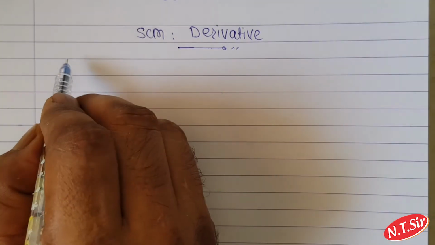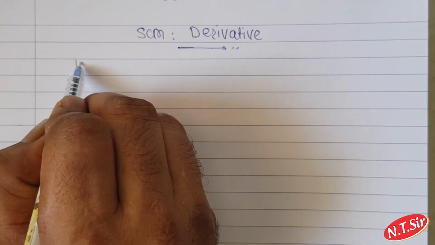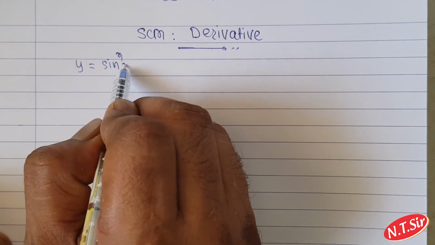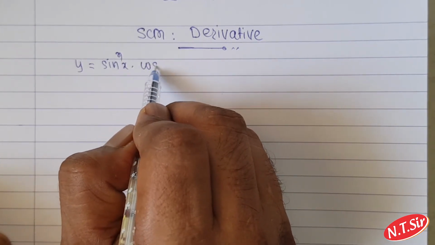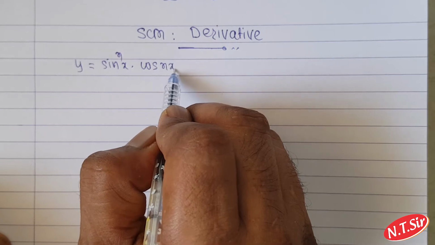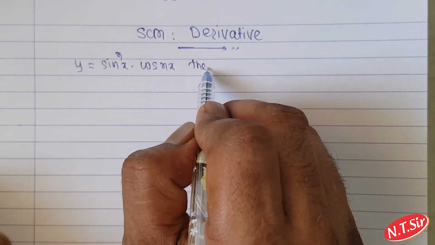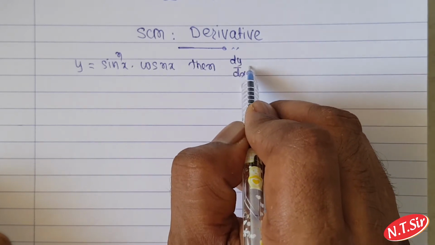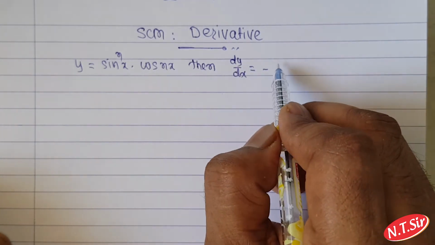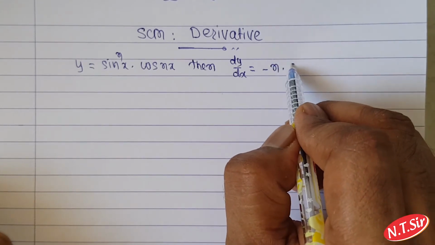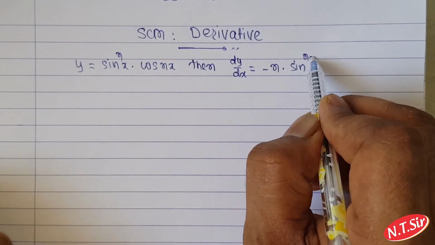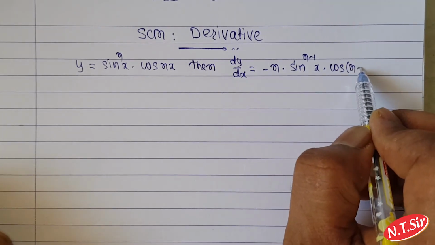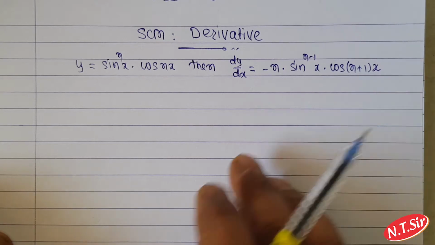Suppose you want to differentiate a function y = sin^n(x) cos(nx). Then the derivative is dy/dx = -n sin^(n-1)(x) cos((n+1)x).